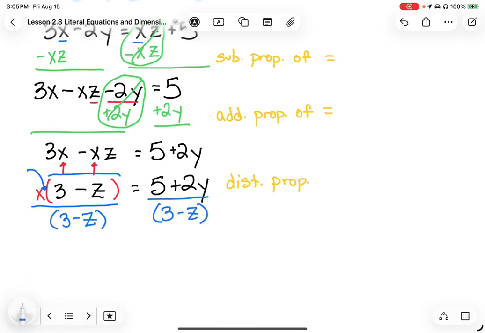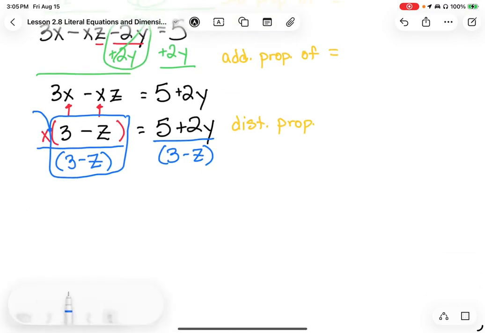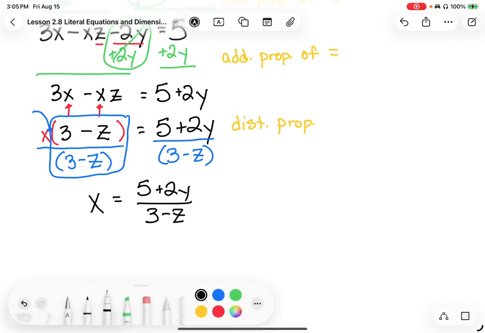That's going to cause 3 minus z divided by 3 minus z to cancel. 3 minus z divided by 3 minus z is 1, leaving us with just x, which is what we wanted. And over here, 5 plus 2y over 3 minus z, using the division property of equality.